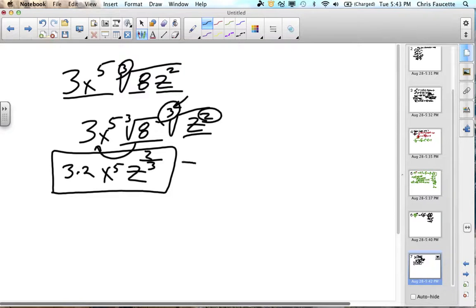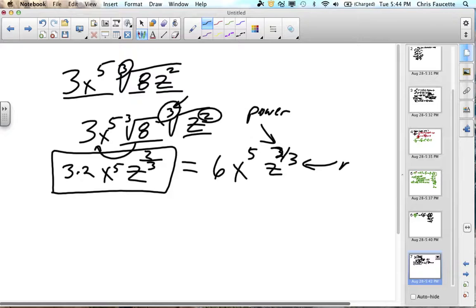Well, you did it through 3 times 2, x to the 5th, z to the 2/3. And that is your radical. Rewriting using radical exponent. Remember, the top is power, the bottom is the root, or the radical.